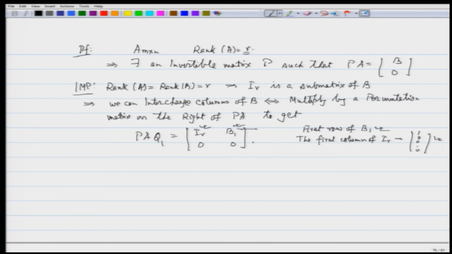I can use this to make every entry here to be 0, fine, as I did in the previous example, all right. But since I am doing column transformation, I am using the first column to make this entry 0, I am going to multiply on the right. So, multiply on the right.